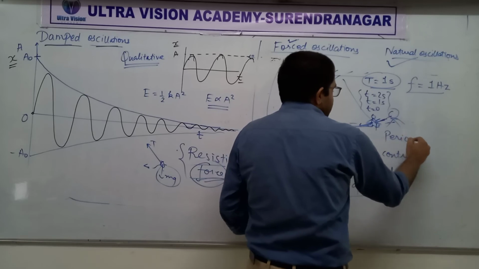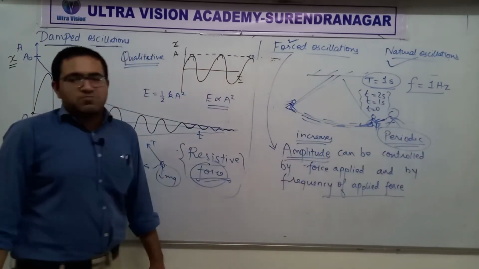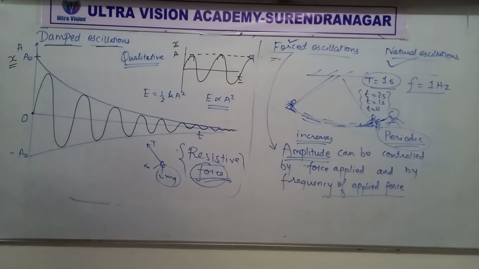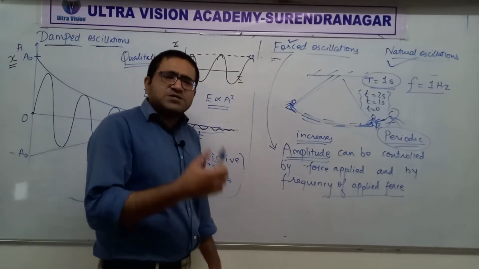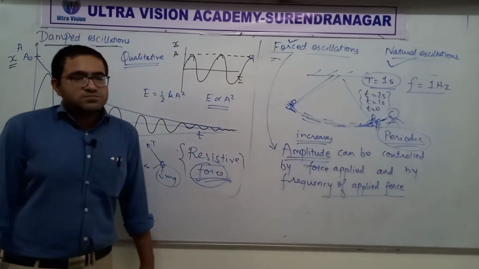Do you understand what I am saying? The force you are applying is also periodic? Yes or no? What is the meaning of periodic? Something that is repeated after some fixed time. Okay? Alright?